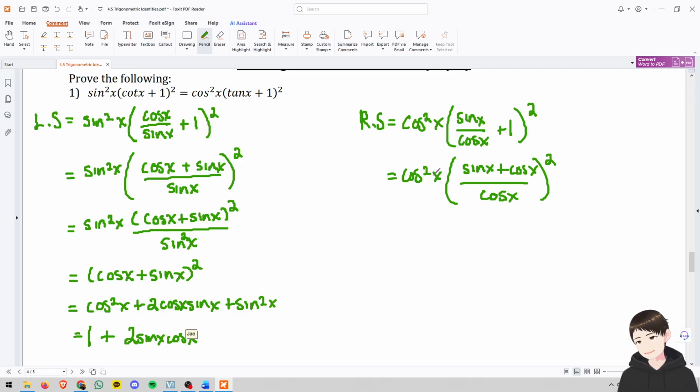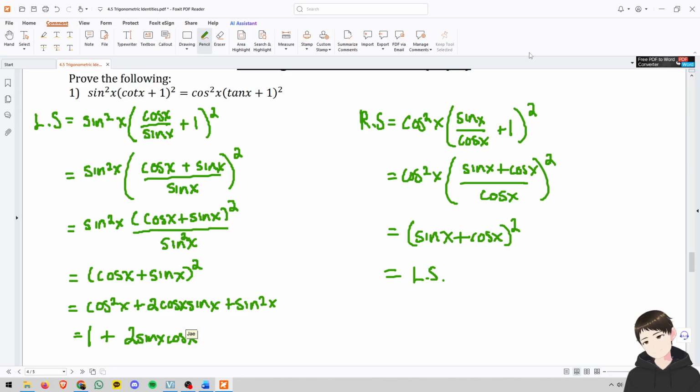If I apply the square to both the numerator and the denominator using exponent laws, the cos squared on the top and the cos squared on the bottom are going to cancel out, leaving me with (sine x plus cos x) squared, which is the same as the left side. So I proved it. Okay, simple enough. But again, it all comes from not being scared, and turning all the ratios in terms of sine and cosine.